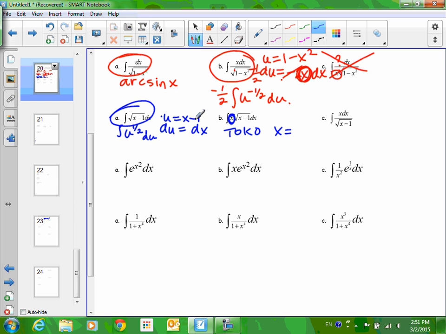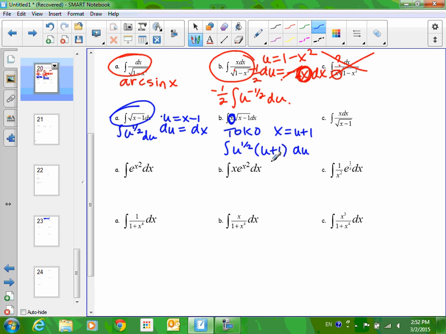Well, if u equals x minus 1, then x is u plus 1. So the way we would rewrite this is we'd write u to the 1/2, but we would multiply it by u plus 1, and we'd have to distribute, and it would be a lot more steps to finish this problem. I will work one of these out in a little bit.